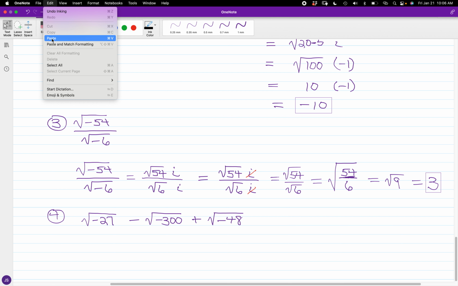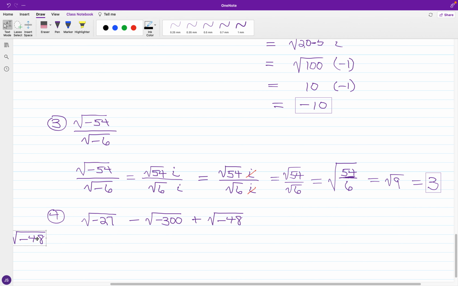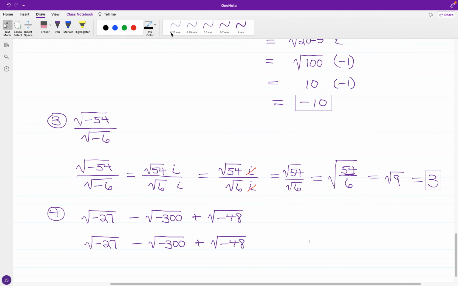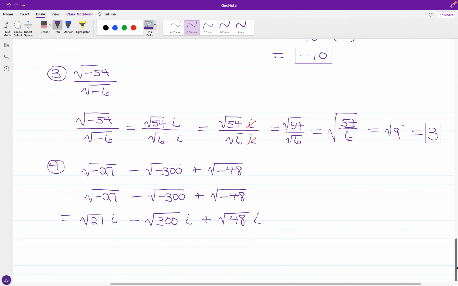Okay, so for this setup, we've got again the square root of -27 minus the square root of -300, and I can go ahead and draw out the letter i. Okay. All right.